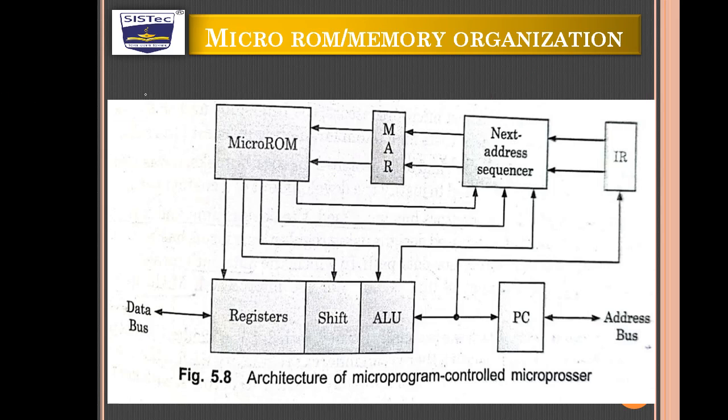This is the micro ROM which contains micro instructions, this is the MAR, the memory address register, which provides an address in memory, and this is the next address sequencer. This is an instruction register, program counter, ALU, shift registers, and registers.